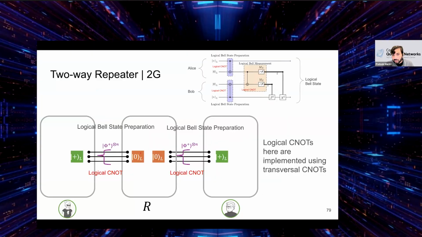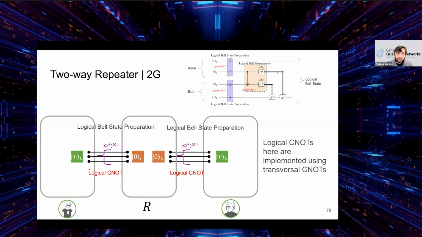So one way to implement it is we create this plus state here at Alice and the zero logical state here at the repeater. And we do the same thing between repeater R and Bob. And then we use some elementary Bell pairs or the elementary links to do a logical CNOT. This is what is called gate teleportation.